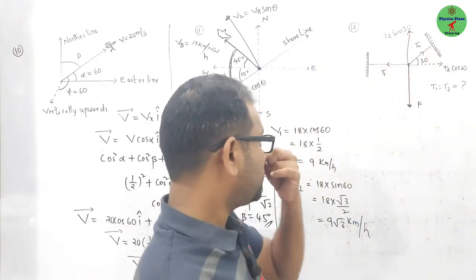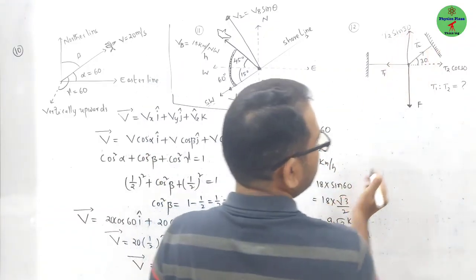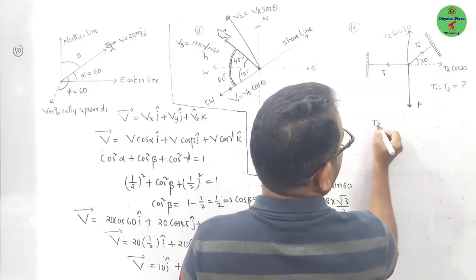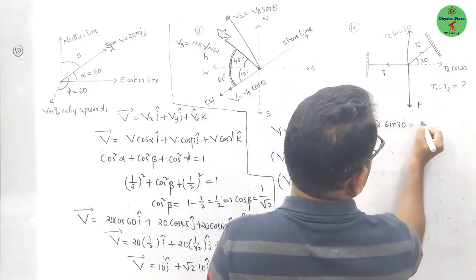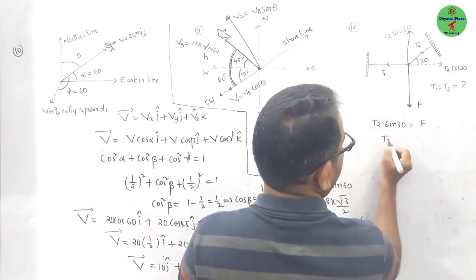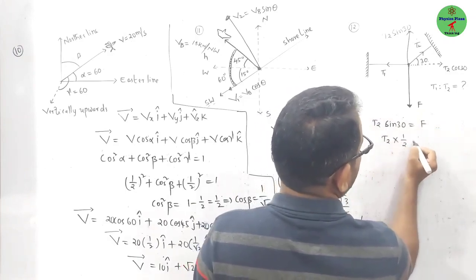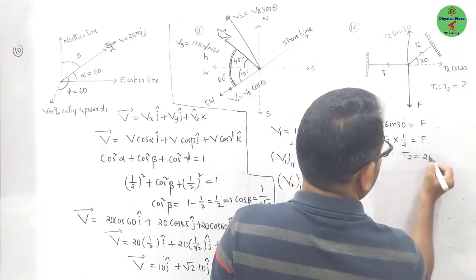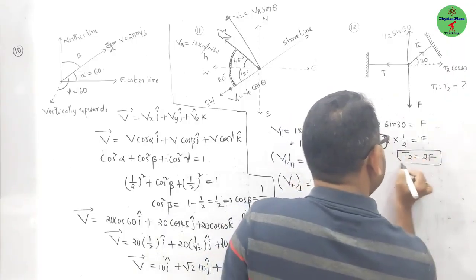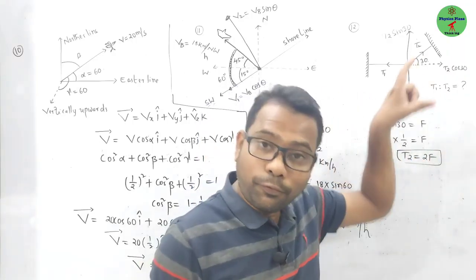That's it. So in equilibrium, definitely T2 sin 30 must be equal to F. T2 sin 30 is 1 by 2 of T2, this is F. So T2 is equal to 2F. So we got the T2 value in terms of force.